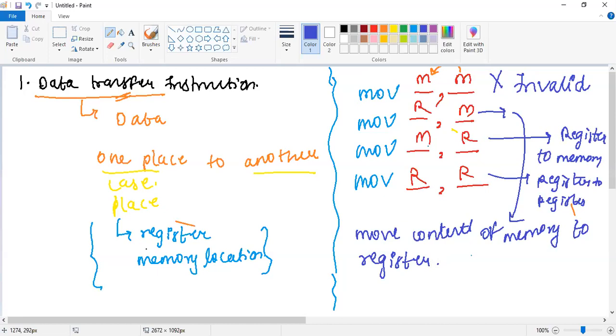But this one is invalid. Which one? Memory to memory is invalid. So just take a screenshot if you want. The move is used just to move data from one place to another place. Okay, fine.